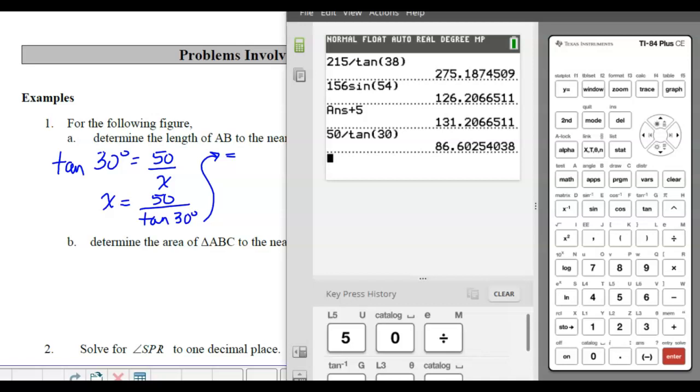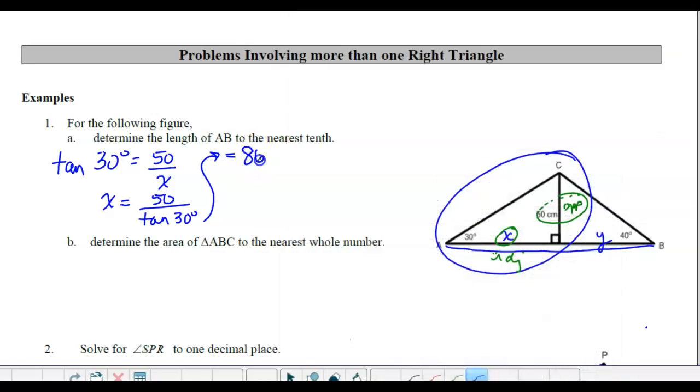Then keep at least 3 decimal places. Why 3? Because we have to do another calculation and add it in this case. So if you round too early, it will end up being incorrect. So, 86.603. I always go 2 more than what it asks for until the end.